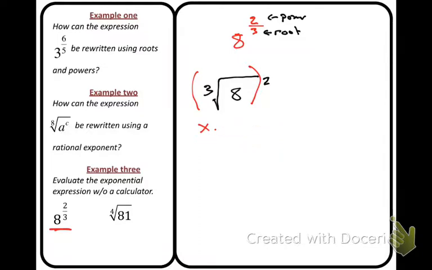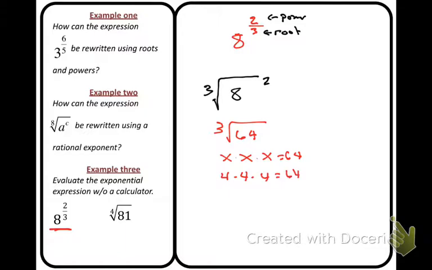Or you can look at it the other way, where you do 8 squared, which is 64, and then you have the cube root on the outside. So a number times the number times the number is 64, and that would be 4 times 4 times 4 is 64, which means anytime we have a set of three 4s, one 4 is going to be your answer.